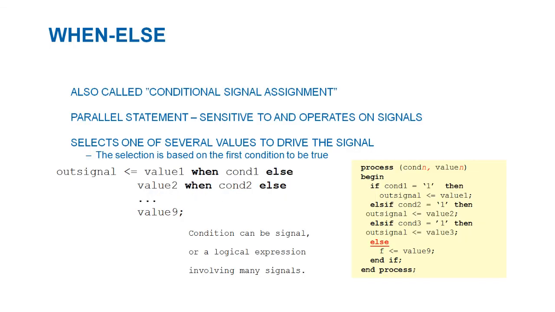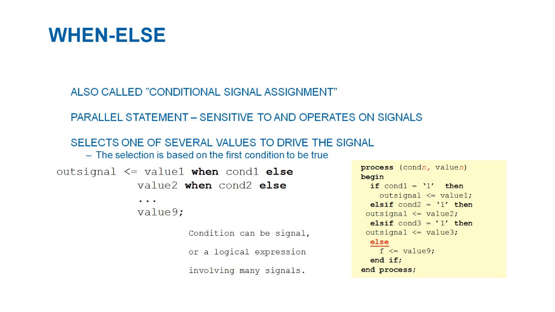The other alternative in parallel statement execution is called when else, which is also called conditional signal assignment. Parallel statements are sensitive to the signals that are listed in the choices and also in the conditions.